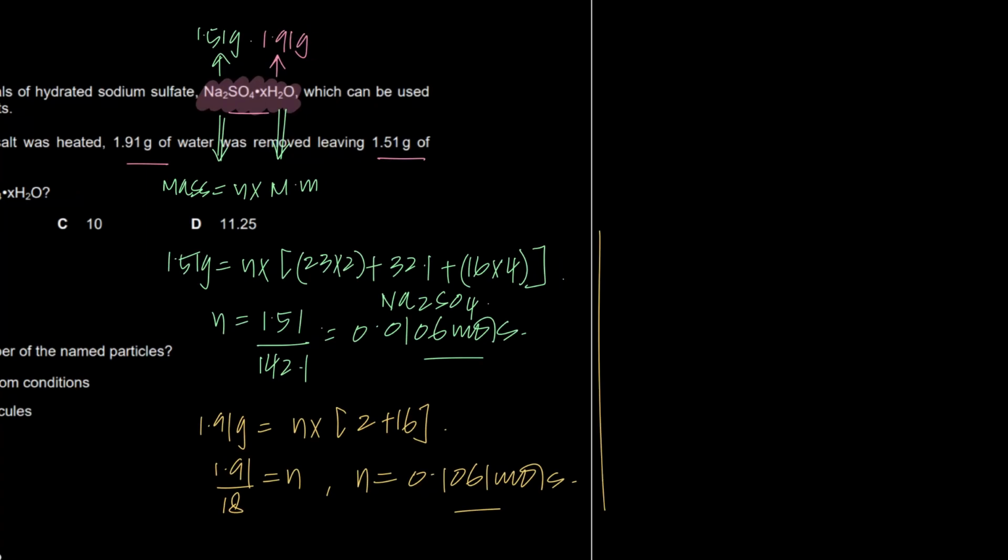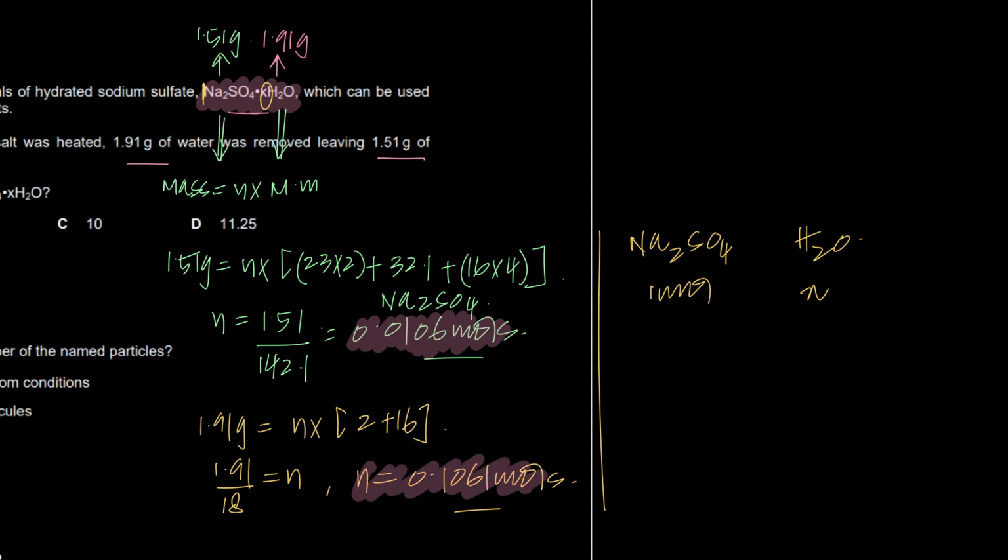Now why did we need it? We needed it because we said, hey, if you had 1 mole of sodium sulfate, you would have X moles of water in it. So if 1 mole of sodium sulfate has X moles of water in it, I already know that these many moles of sodium sulfate has these many moles of water in it.